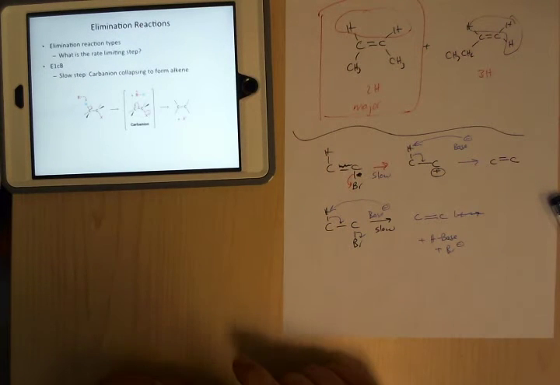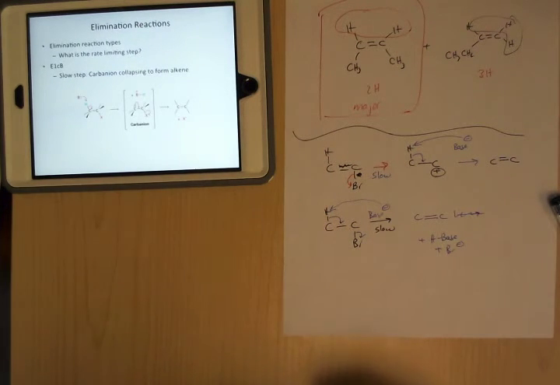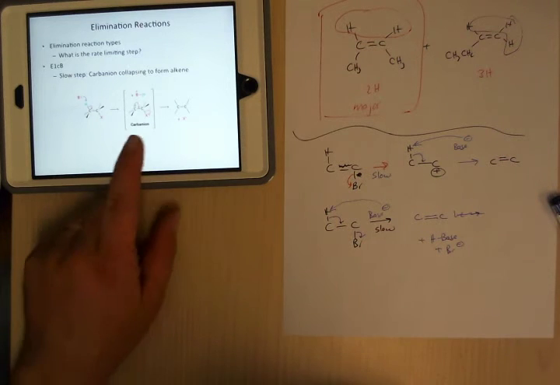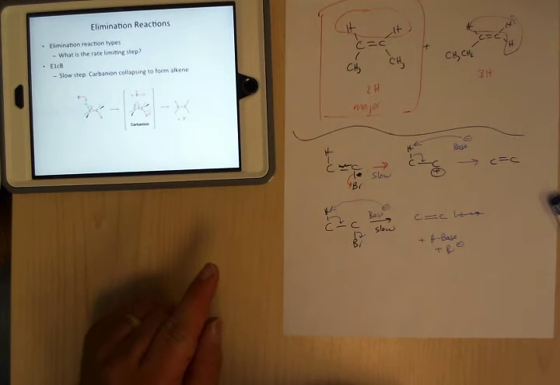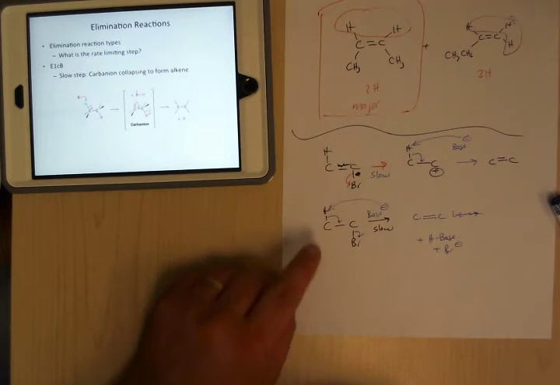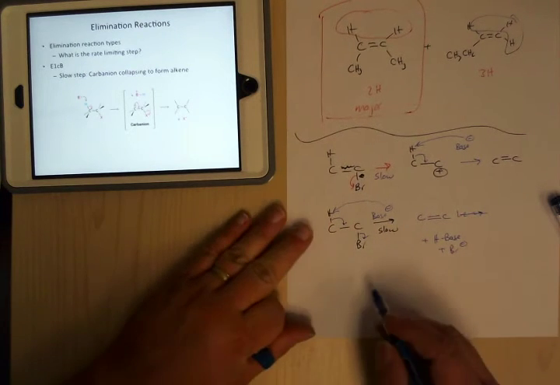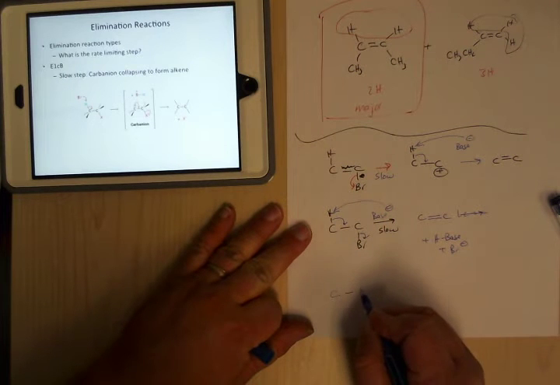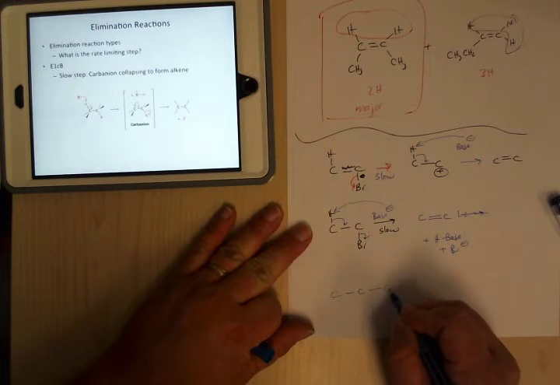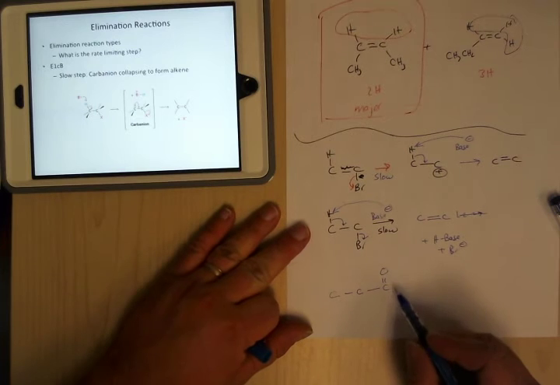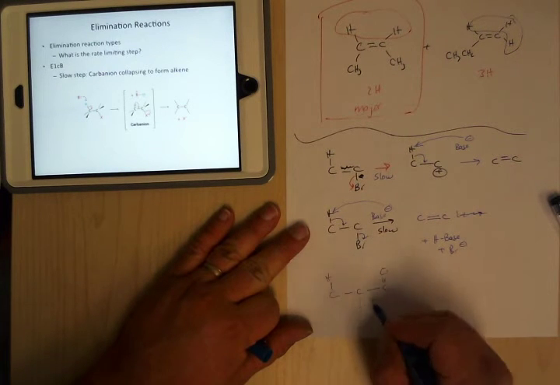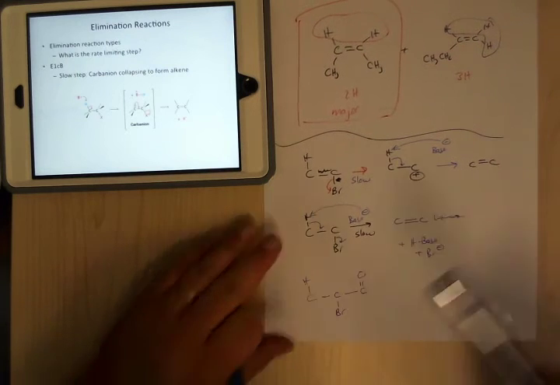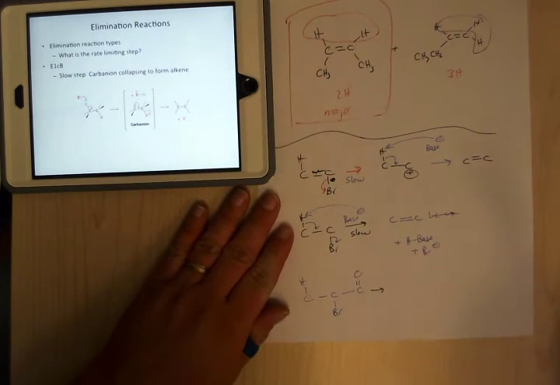Now there's another one, the E1CB, and this one we'll talk a little bit more about. This is a very special case. For E1CB, notice that you're going to end up having a C double bond O right next to it. What will end up happening is it's a very special case of an E1, so this is the first step.